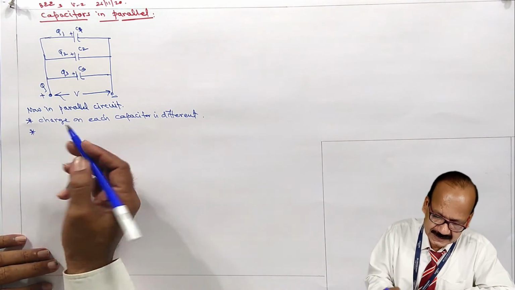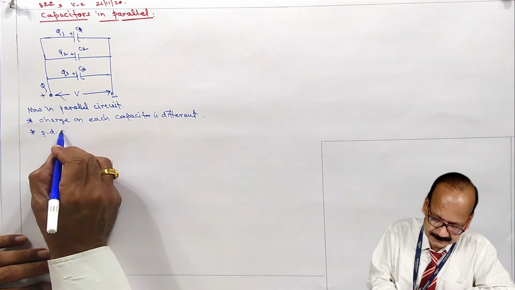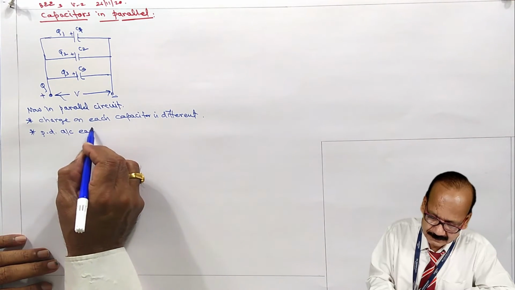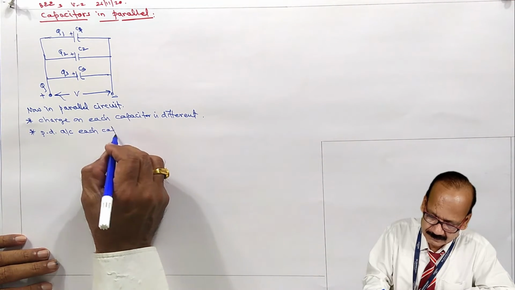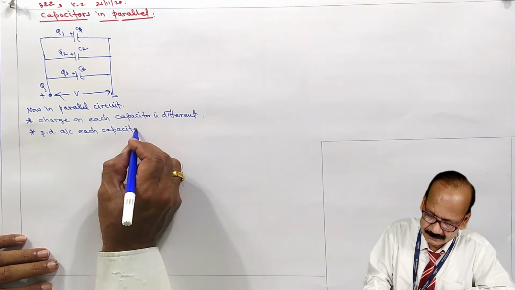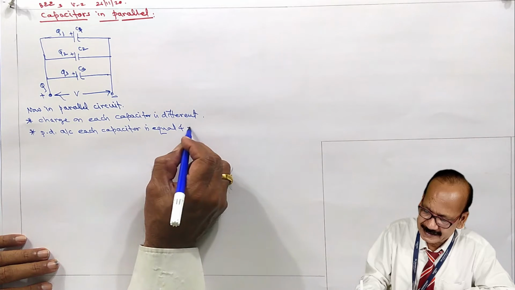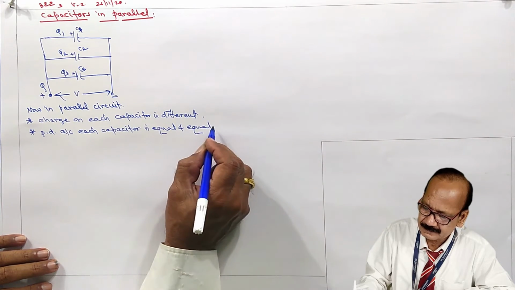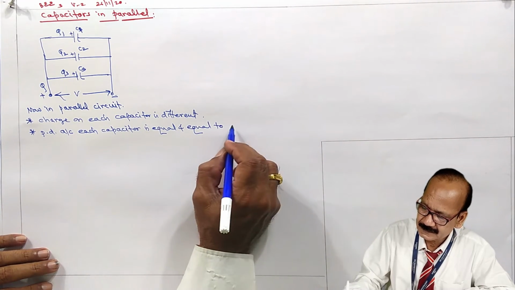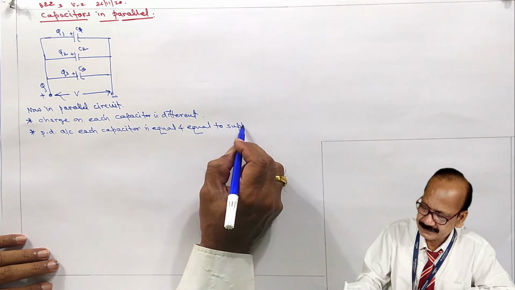Then PD across each capacitor is equal to the supply voltage.